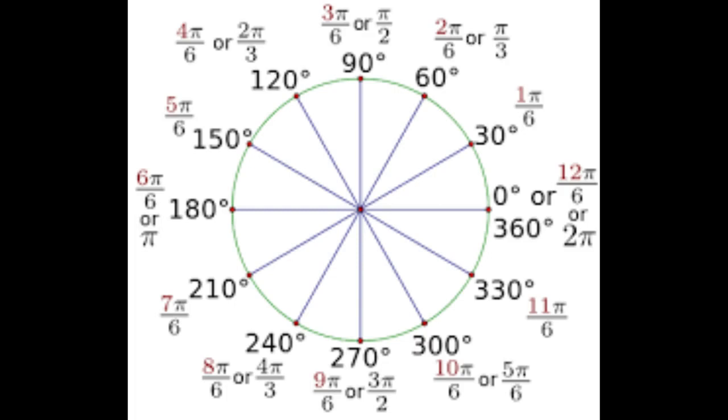Now let's add our trigonometry to this. So we can say that pi radians is equal to 180 degrees. These are some identities which we have to remember when working with radians. So pi radians is equal to 180 degrees. 1 radian is equal to 180 degrees divided by pi.